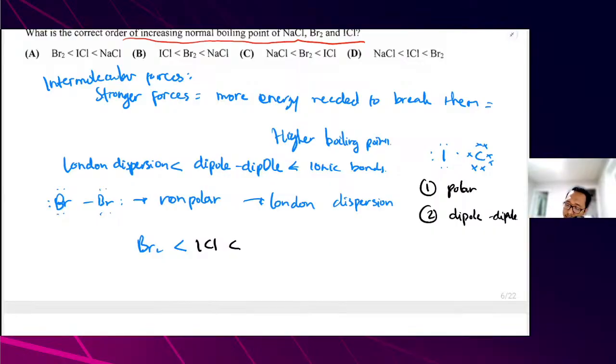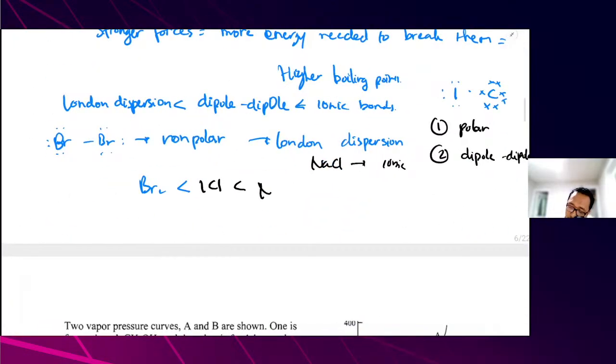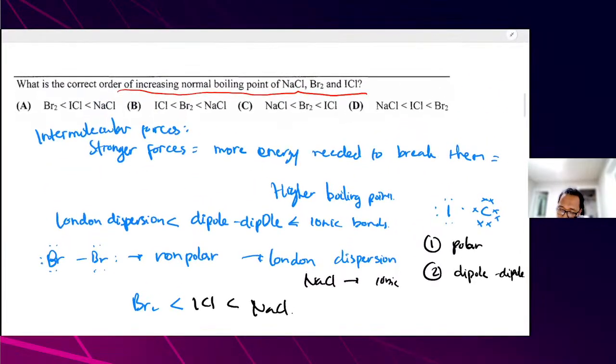And then NaCl, we know this is ionic, so NaCl is the highest one. So the order will be PR2, ICl, and NaCl. So the answer will be A.